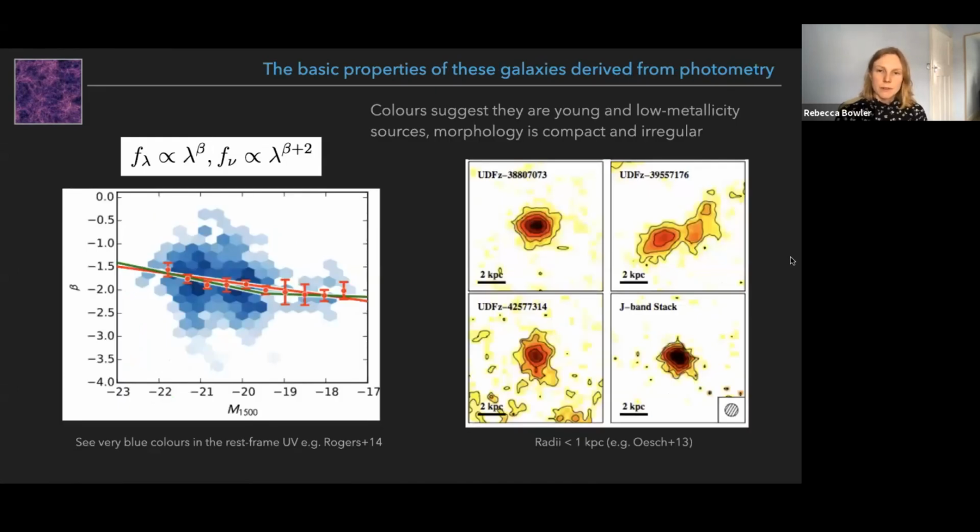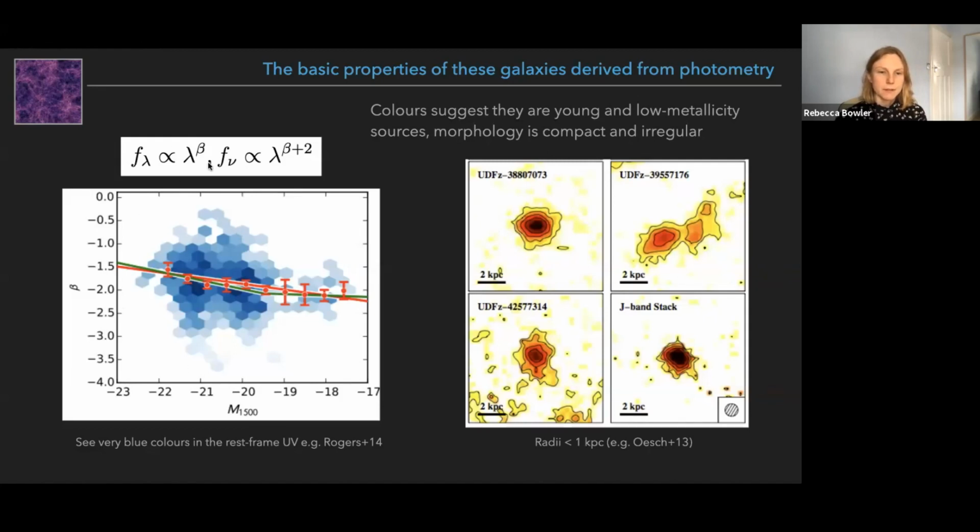So moving beyond the luminosity function measurement then, what other properties do we know about these high redshift galaxies in the first billion years? Well, from the photometry, we have a few measurements we can make. The first is a measurement of their color. Remember, this is the rest frame ultraviolet color of the galaxy, and that's what's shown on the right here.